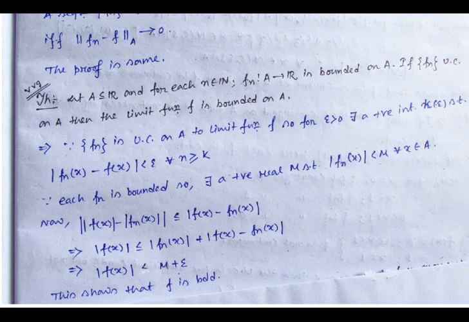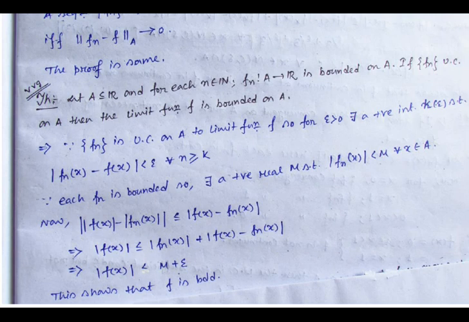Say we have a set capital A which is a subset of the set of real numbers R, and for each n belongs to the natural numbers, fn from A to R is a given sequence of functions, where each function is a bounded function on the set A. Then if the sequence of functions fn is uniformly convergent on the set A, then the limit function f is automatically bounded on A. That we have to show.